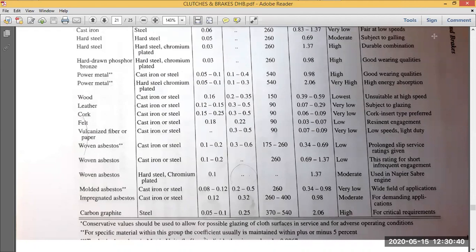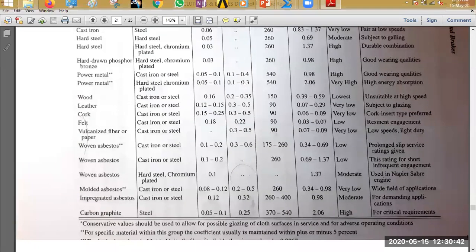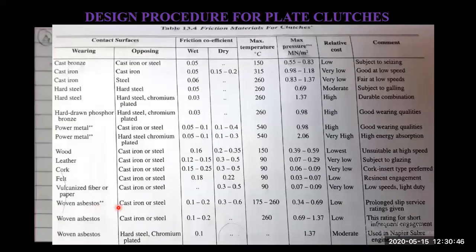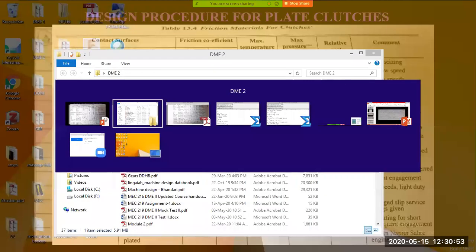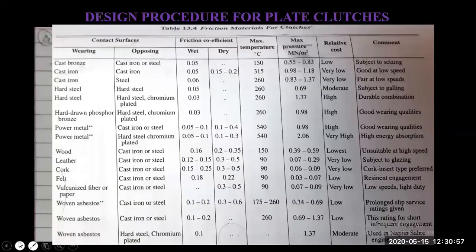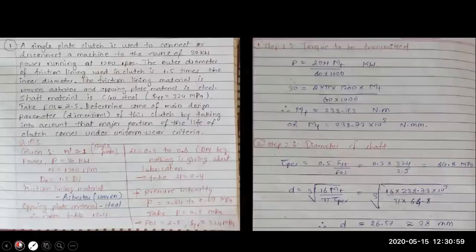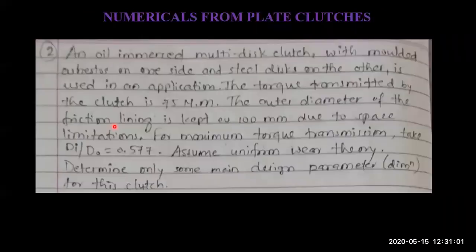So let's go back to the PPT itself. We can choose the first one, which we used for the first numerical. In this case, let's take wet. Let's assume that this is enclosed. Let's see what the question states. Okay, here, oil immersed.